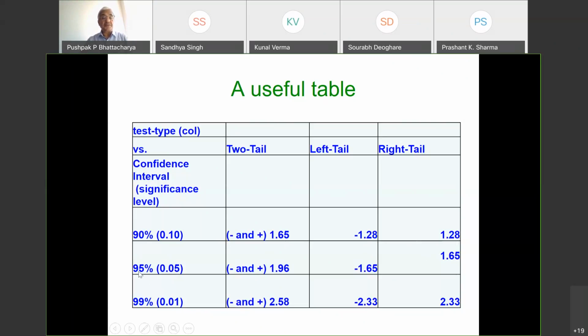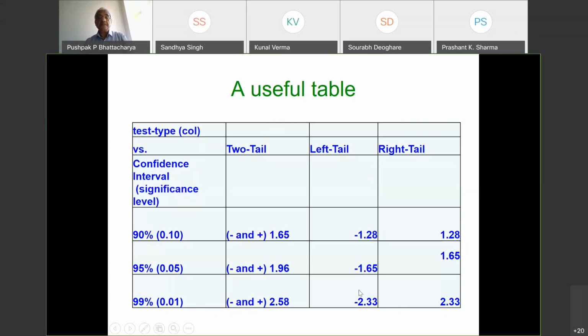Now, 95% confidence interval. Here the critical points are minus 1.96 and plus 1.96. The error regions on both sides of the zero mean axis sum up to 0.05, and each error region towards plus infinity and minus infinity contributes 0.025.